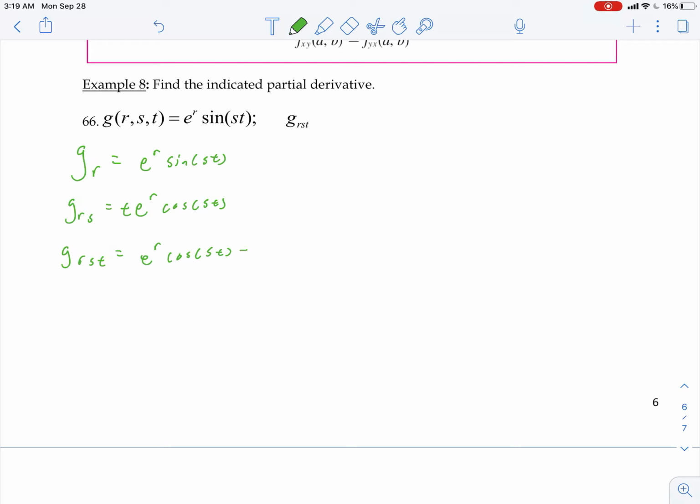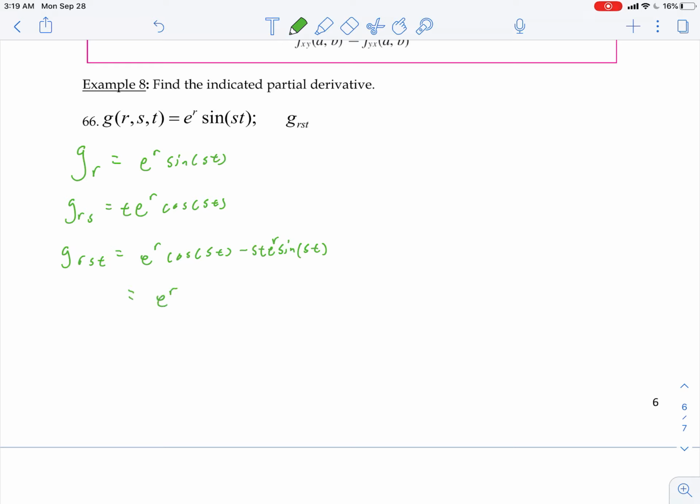Derivative of cosine st is minus sine of st times the derivative of the inside with respect to t, which is s. So we'll have s times e to the r.